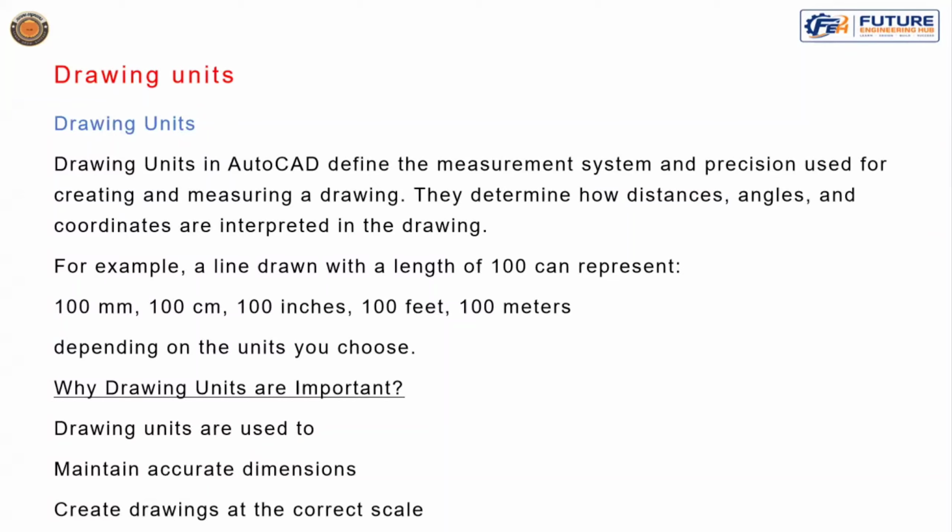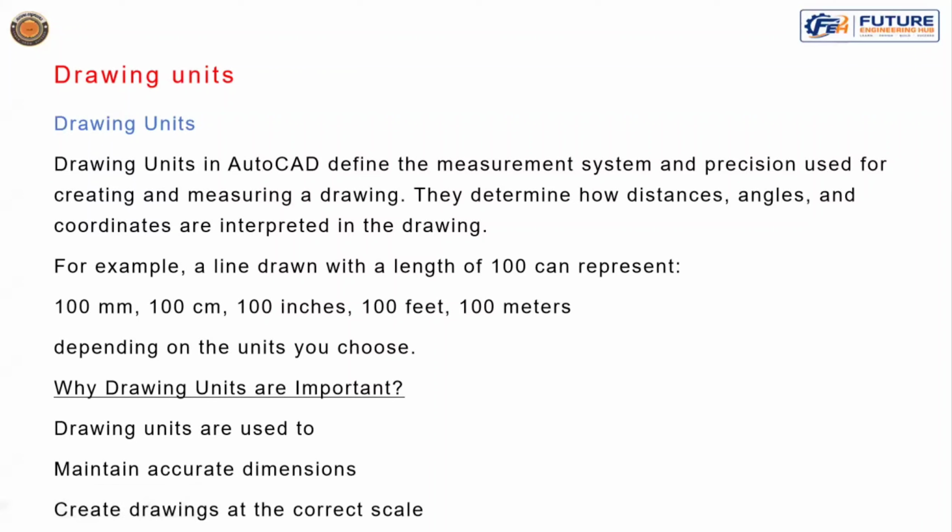Clear up to here? For example, a line drawn with a length of 100 can be represented as 100 millimeter, 100 centimeter, 100 inches, 100 feet, 100 meters, depending on the unit you choose. Clear up here?